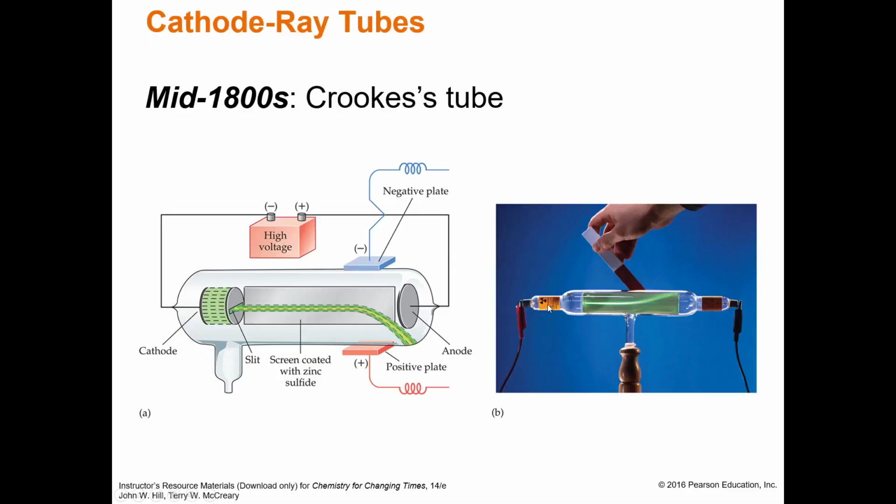If you take a Crookes tube, a cathode ray tube of any sort, or a TV, and you hook it up to too powerful an energy source, like a very powerful battery or a very powerful generator, it will actually start putting off X-rays, which can cause you to have cancer.